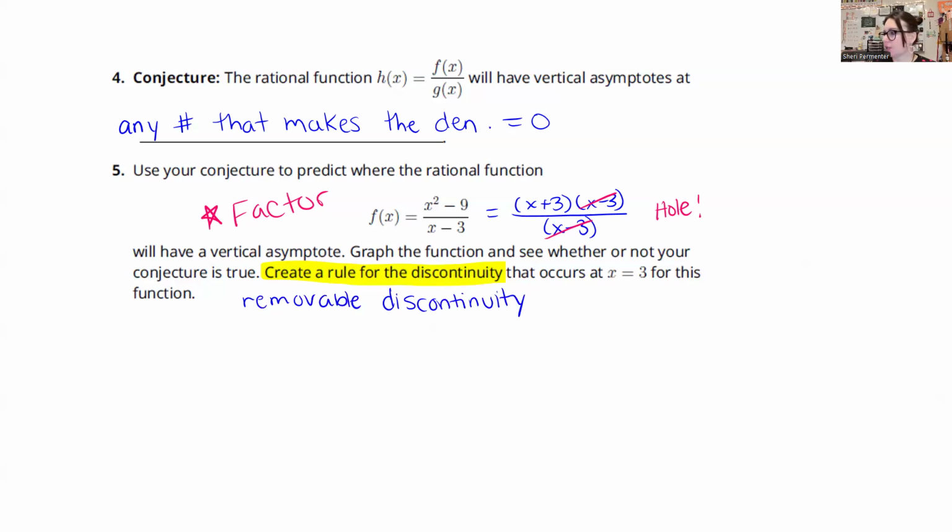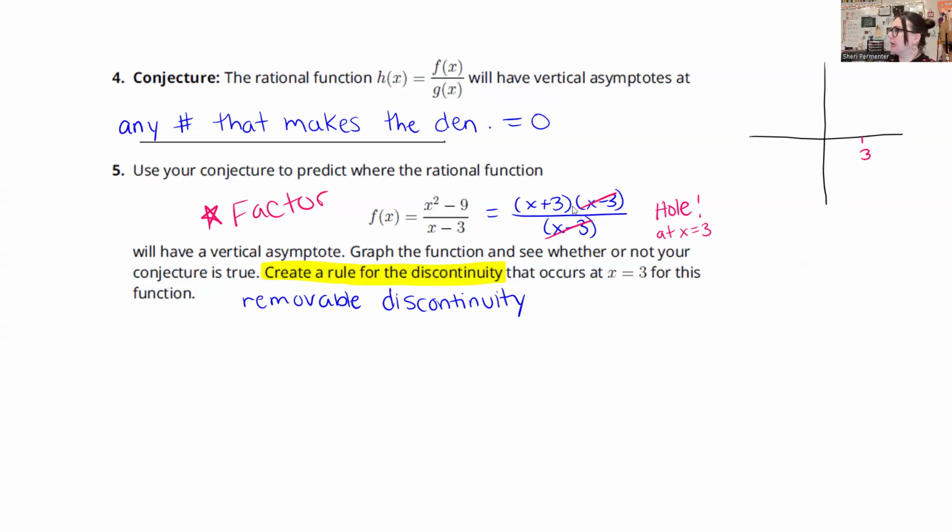And so we're actually going to sketch this graph over here. It says graph it to see what it looks like. There's a little bit of room on your notes that we can sketch this graph. So I'm just going to sketch an X and a Y. I know that the hole is going to happen at x equals 3. What I end up with is just x plus 3.